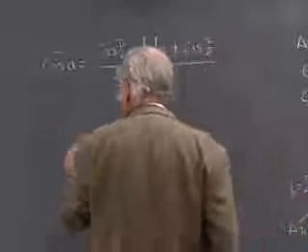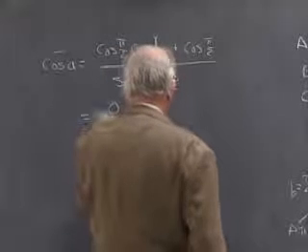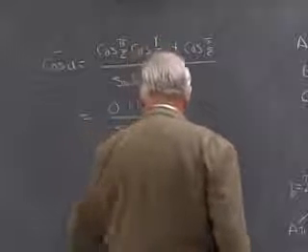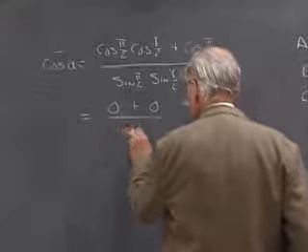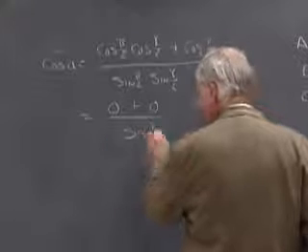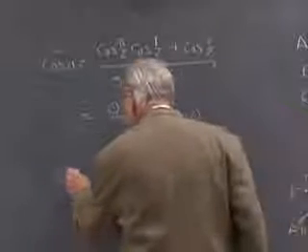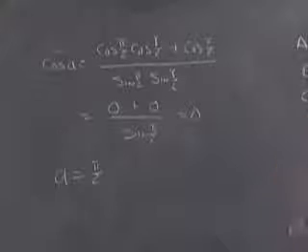And this, as for B, turns out to be 0 plus 0 over sine pi over 2, which is 1, times sine of gamma over 2. So cosine of A turns out to be 0, and this says that the angle A is also pi over 2.